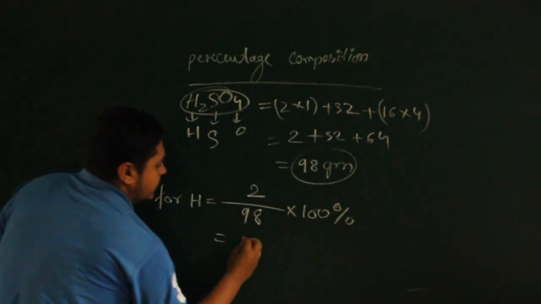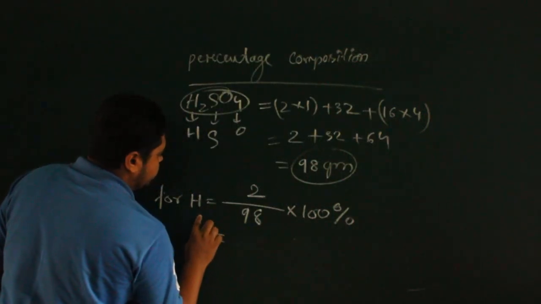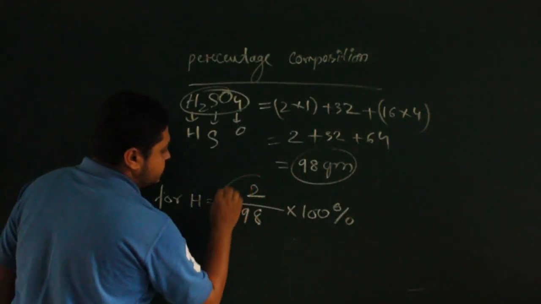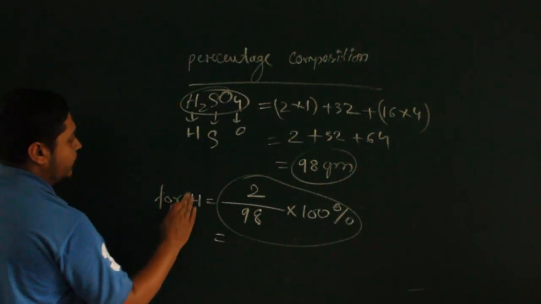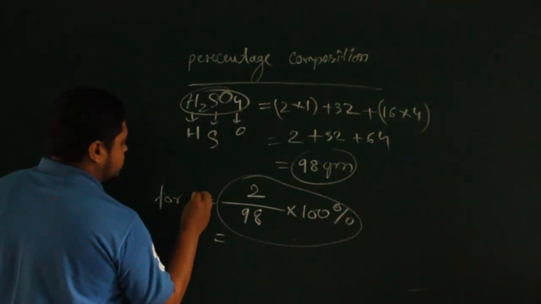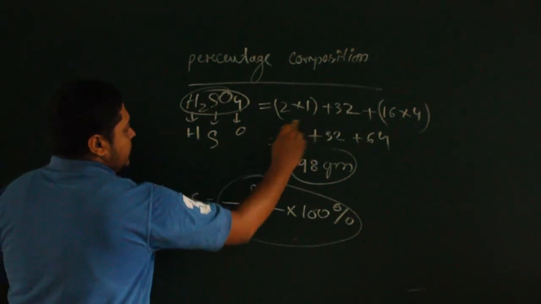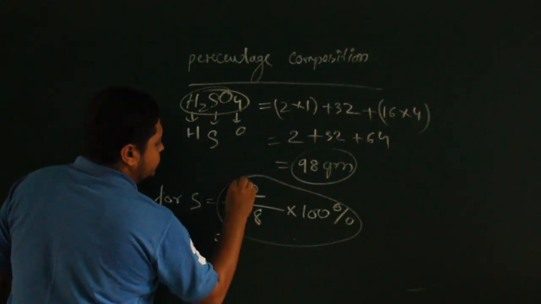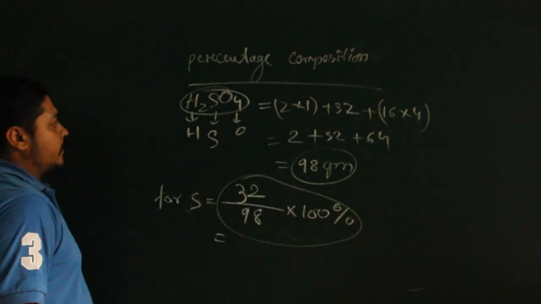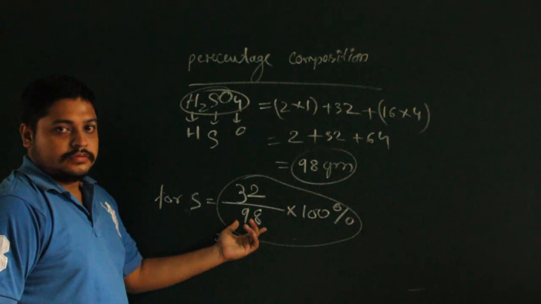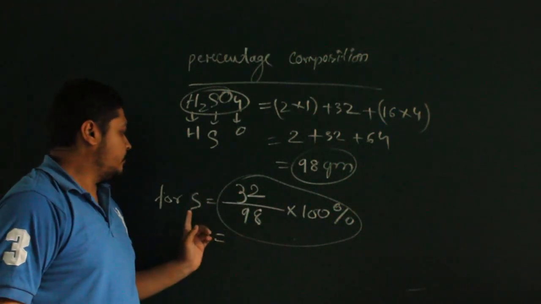When we calculate this, we get this percentage. For sulfur, the mass of sulfur is 32 and the total mass of the compound is 98. So this is the percentage composition of sulfur.